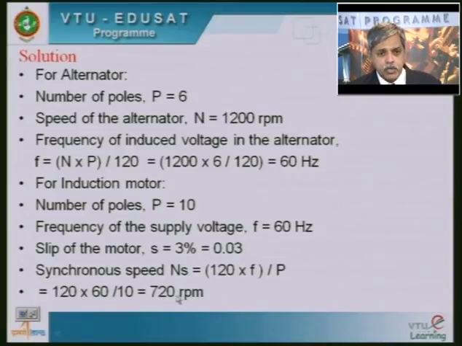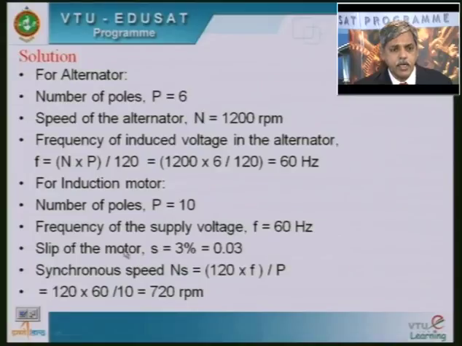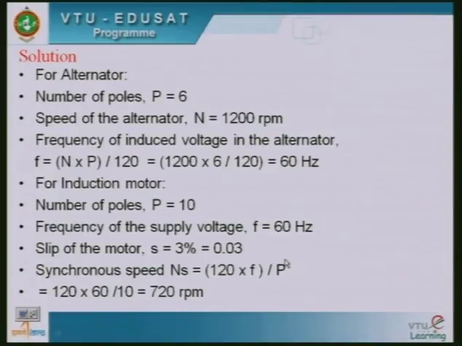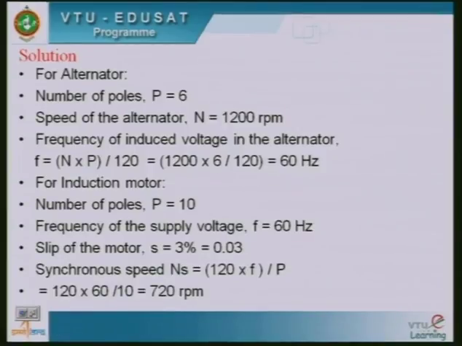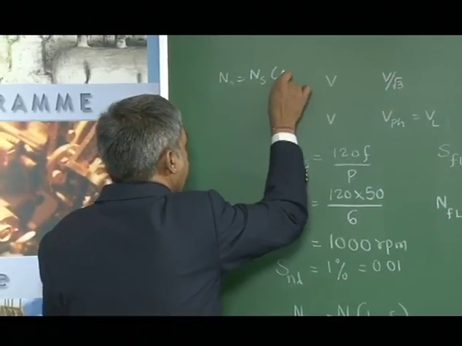Now this is the synchronous speed. I think I have not given the rotor speed here. Rotor speed can be calculated by using this expression: N is equal to Ns into (1 minus S).